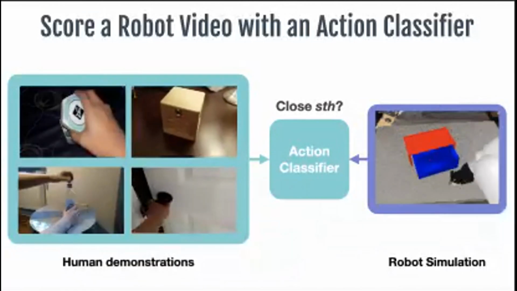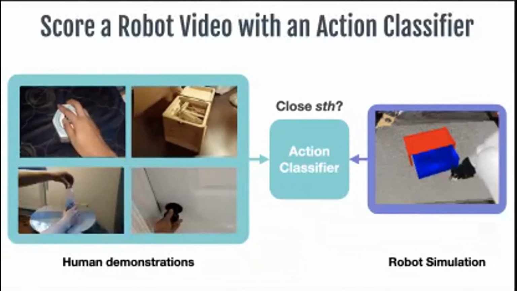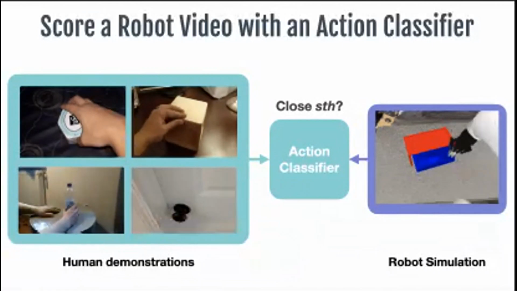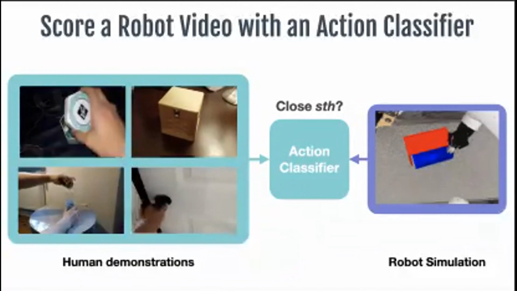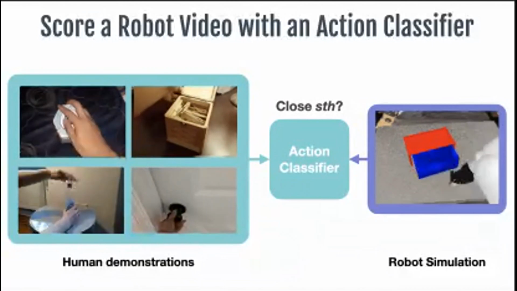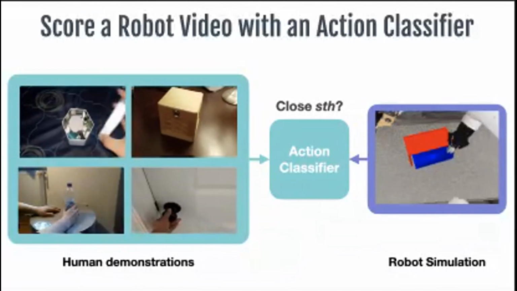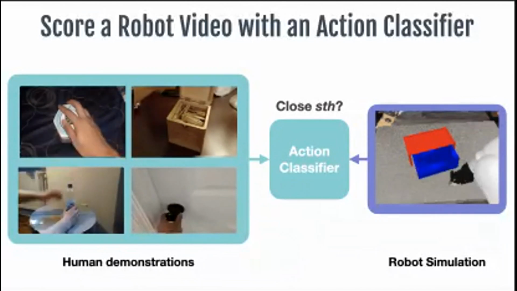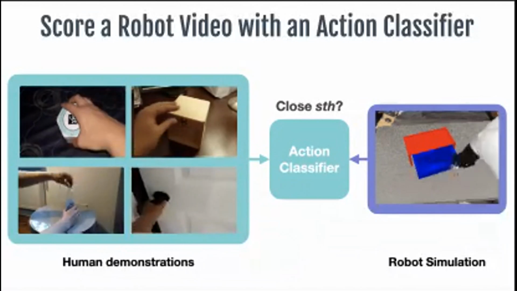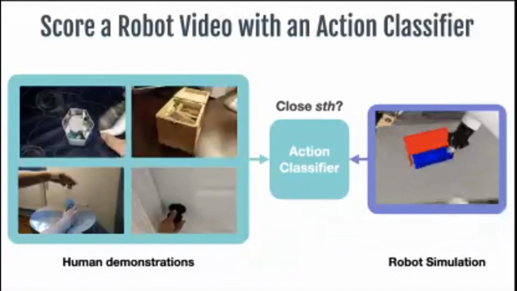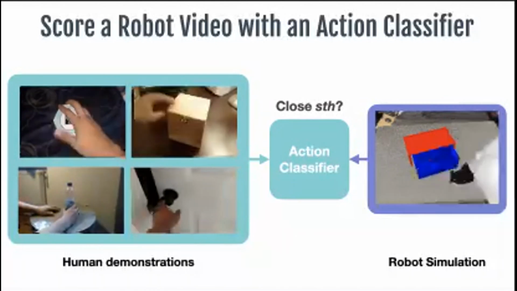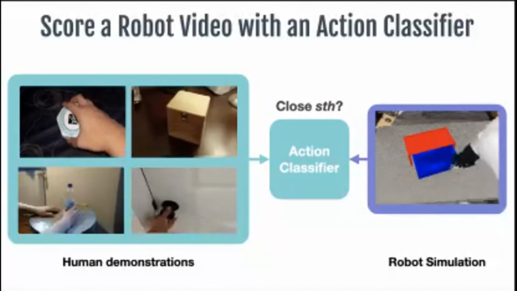So this action classifier is trained on the 20BN Something-Something dataset and then scores the robot video. And the score represents how confident the video classifier is that the robot video belongs to the corresponding action label. And then we run reinforcement learning to update the motion of the robot, where the reward is the score from the video classifier.